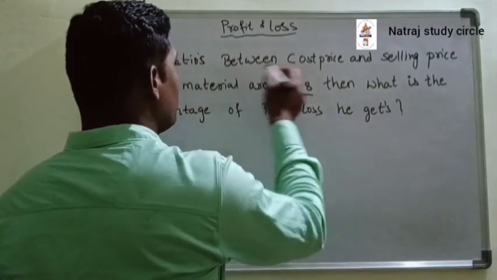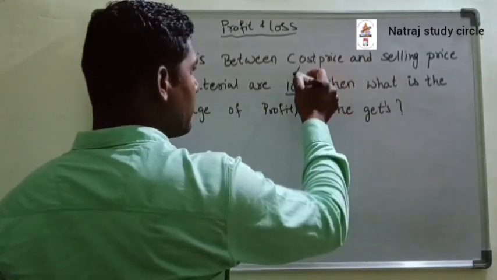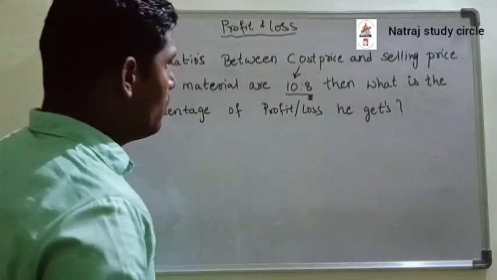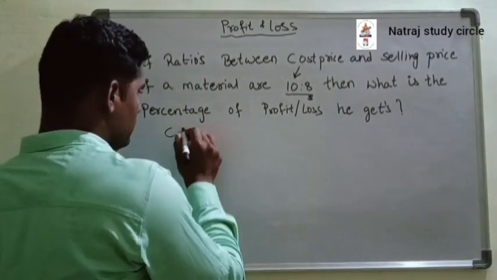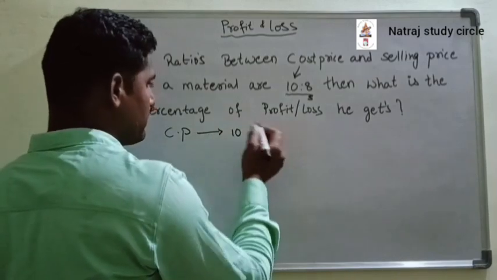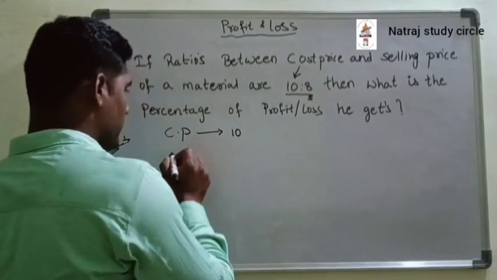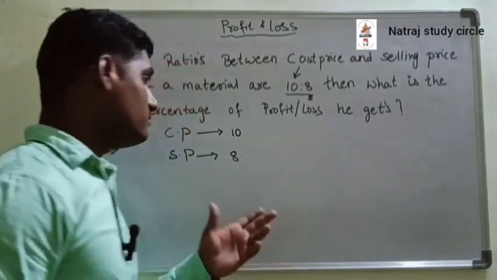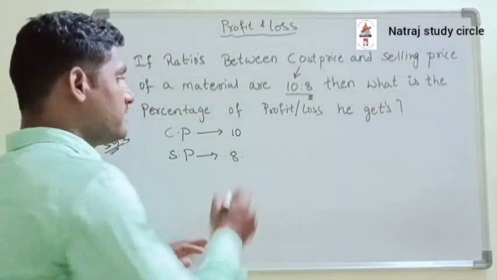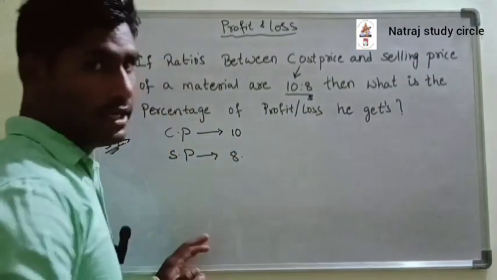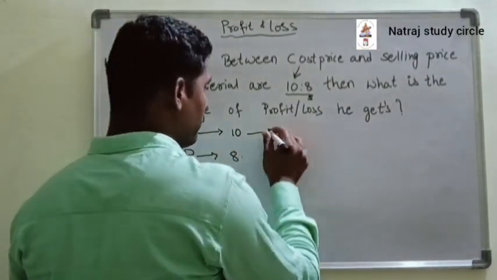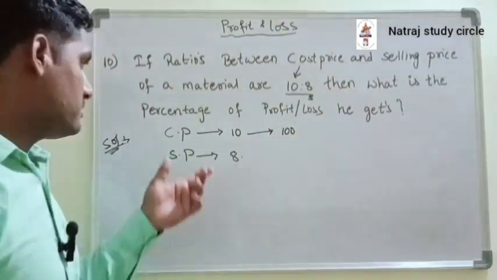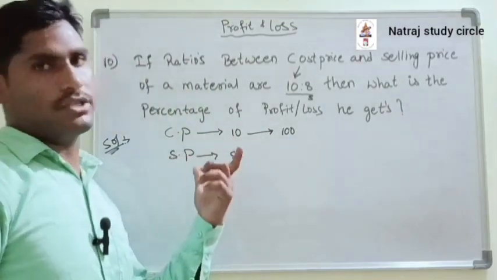So between the cost price and selling price, what is the cost price? Cost price is 10. And the selling price is 8. So here we need to take this ratio 10 for 100%, as this is the cost price that he has bought.